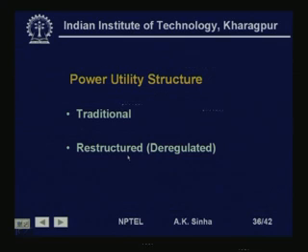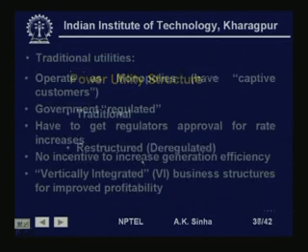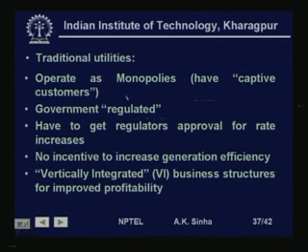Whereas the new structure that is emerging, which we call the restructured or deregulated power system structure, has these entities unbundled, that is, made into separate entities which are controlled and managed separately. So, this is a change which is occurring in the power system structure.